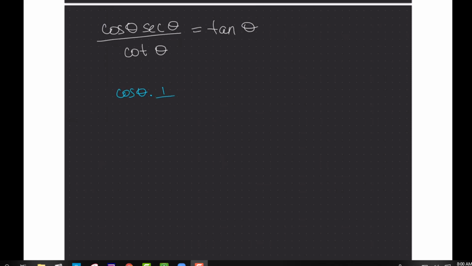One over cosine, right? And then since you have a fraction, if it makes you warm and fuzzy, make that guy a fraction too, if you want. All divided by cotangent. What do you want to do with cotangent? Cosine over sine, yeah.